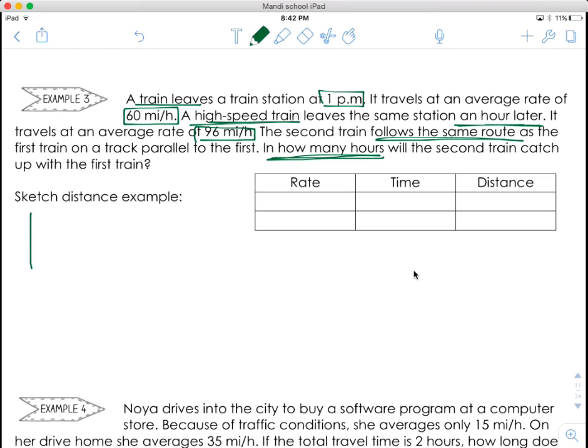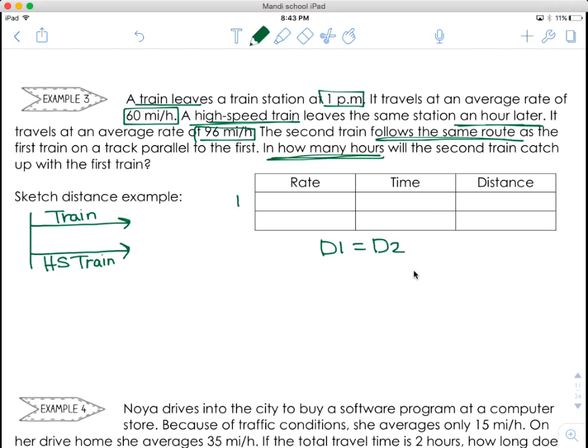So here's what happened. The first train left, and then the second train, the high-speed train, left and caught up with it. So this is the train. This is the high-speed train. According to our chart on the page before, that's distance 1 equals distance 2.